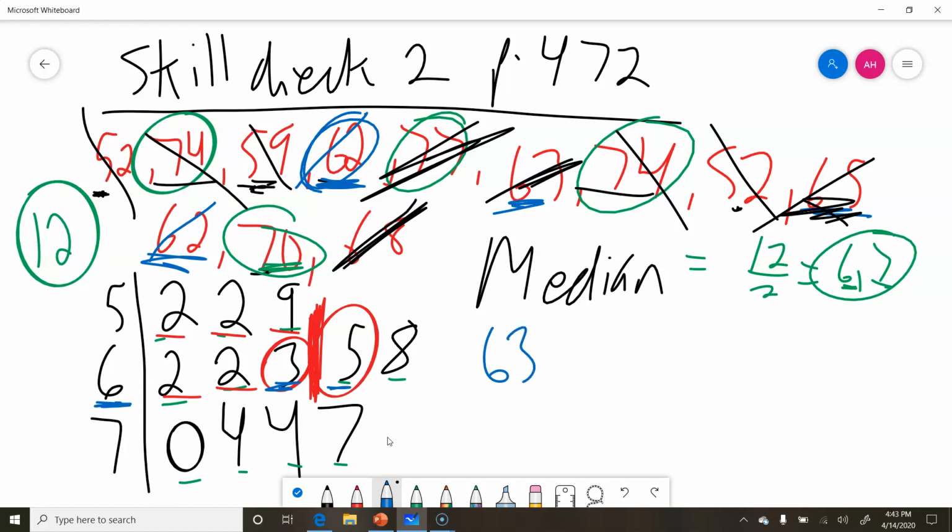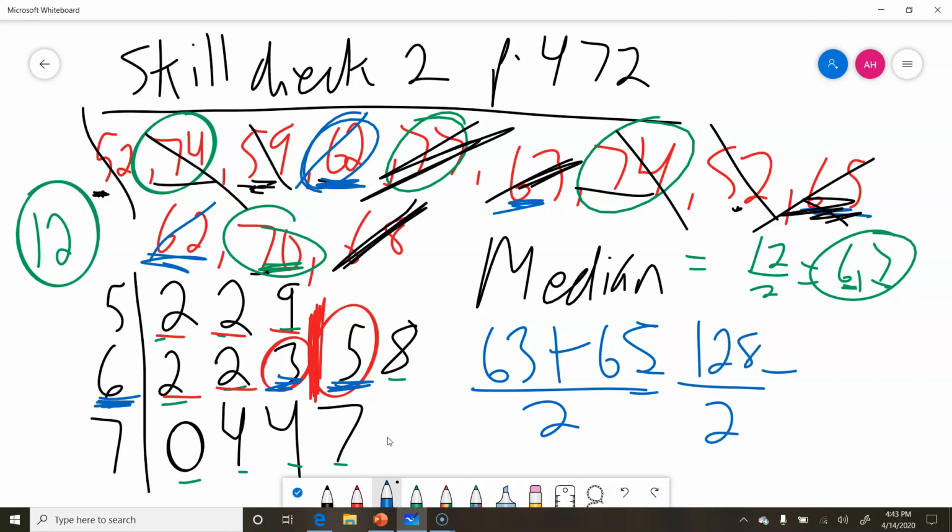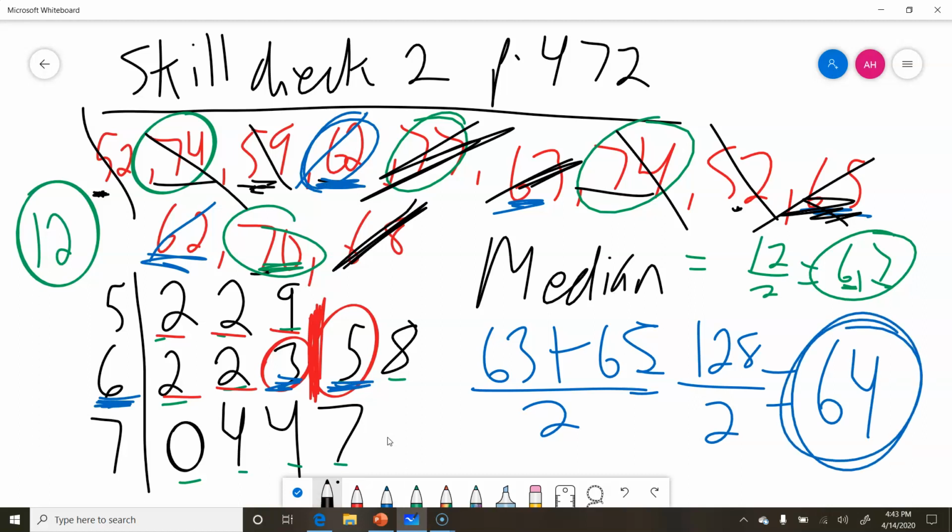So I write 63 plus 65, all of that divided by 2, which is 128 divided by 2, which is 64. And there's how I have my median. The grand answer for the median is now in the blue circle. The median is 64.